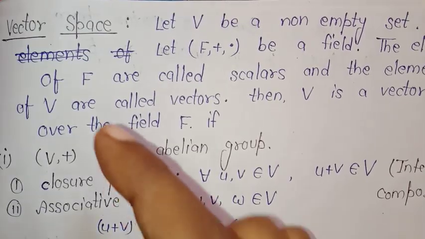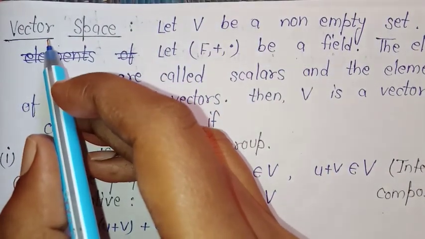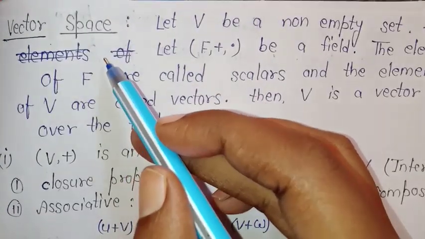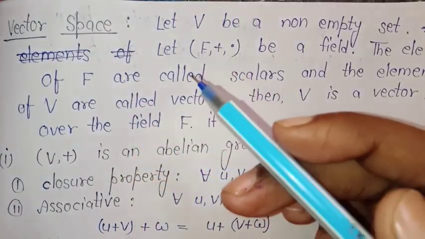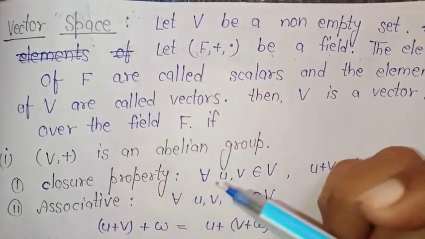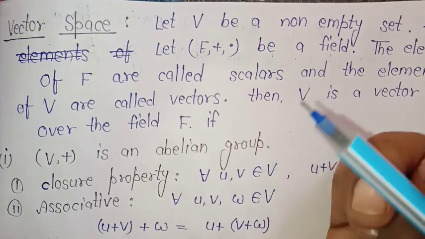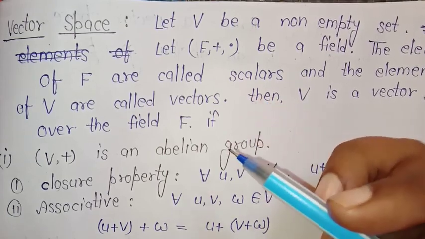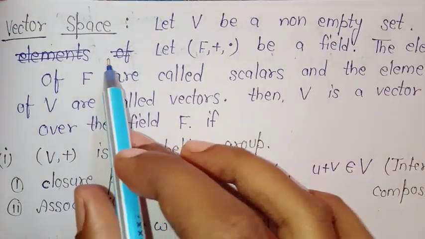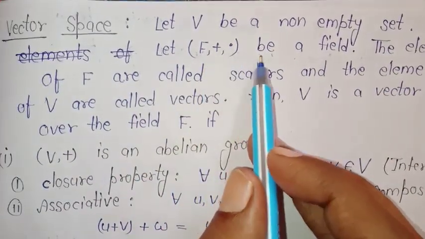So let's move to our next topic, and a very important one, vector space. Before discussing the definition of vector space, we need to understand the definition of external composition, internal composition, and the field over which we define the vector space. So let V be a non-empty set and let F plus dot be a field.